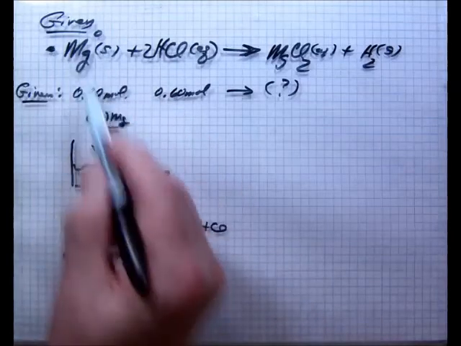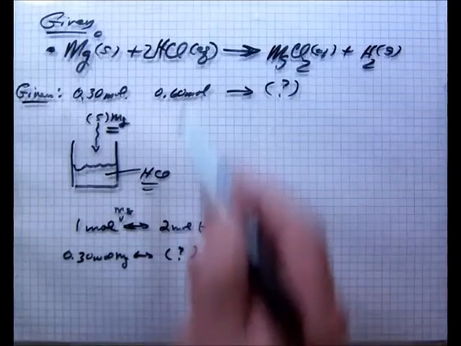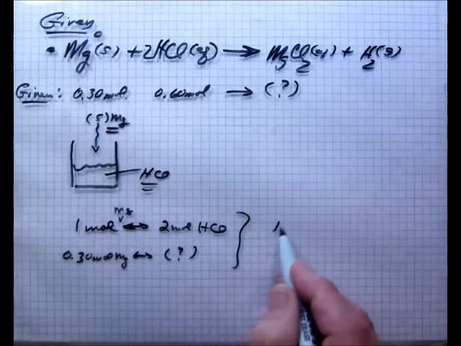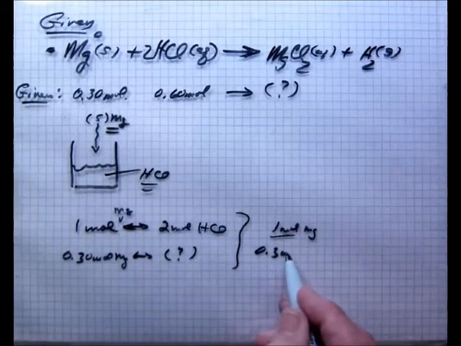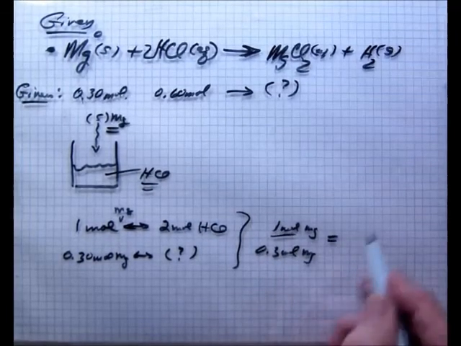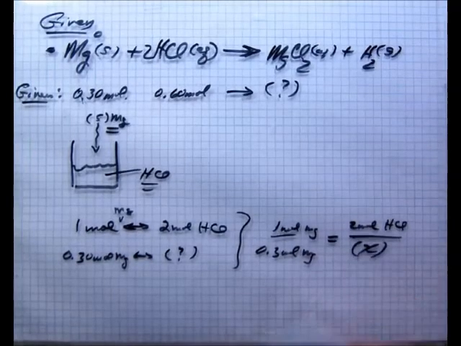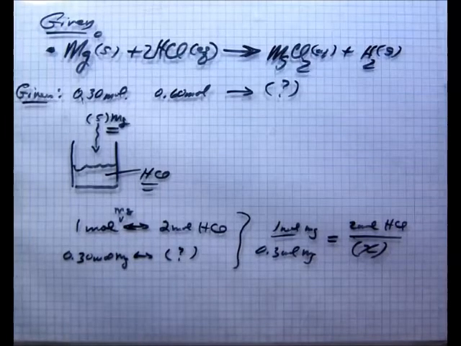And when you put one of the components in, and you find the moles of that one, you can get the moles of the other one. And from this, you get 1 mole magnesium, 0.3 mole magnesium is equal to 2 moles HCl over X. X is your unknown. You see how that's linear ratios.